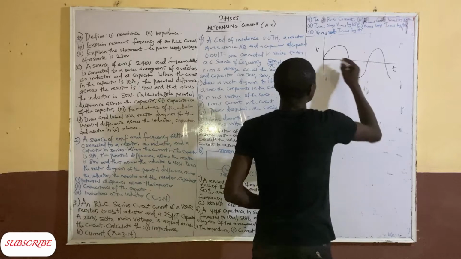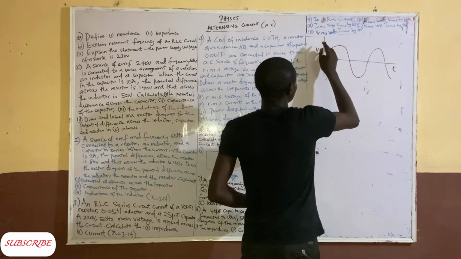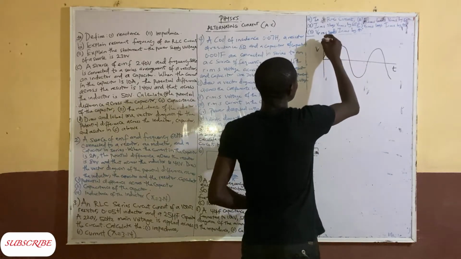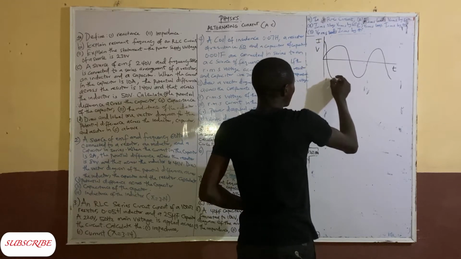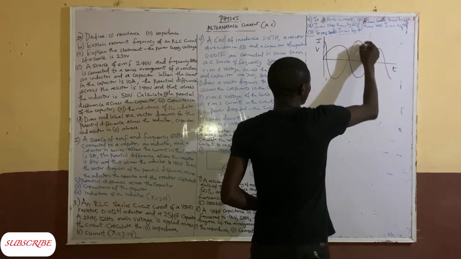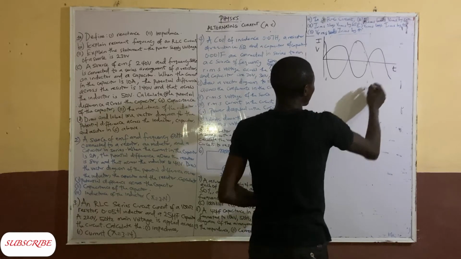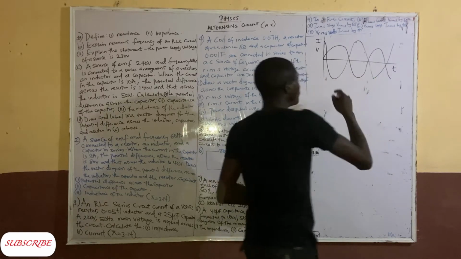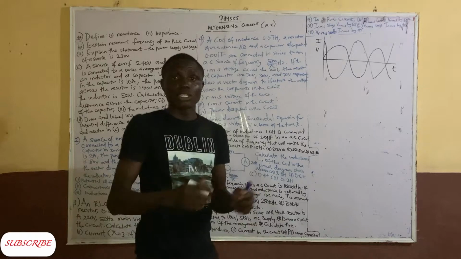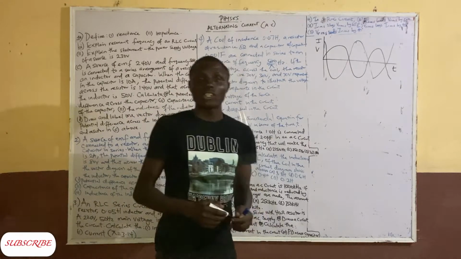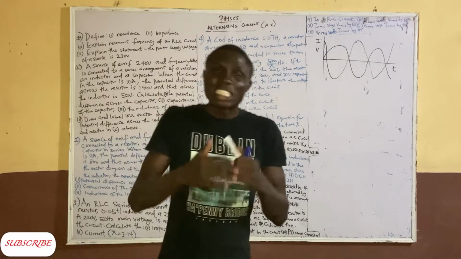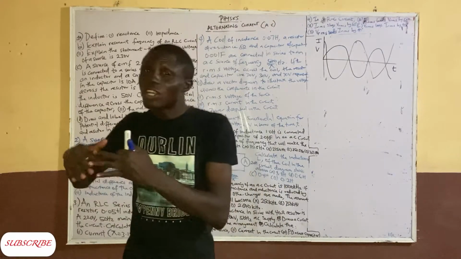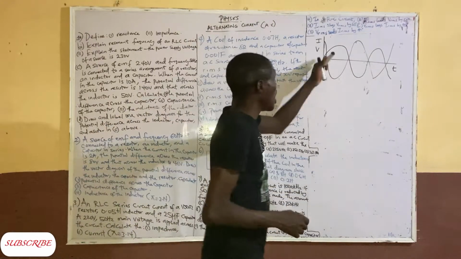The current as well also varies sinusoidally. So this is an alternating current. An alternating current is a current with sinusoidally varying voltage and current.